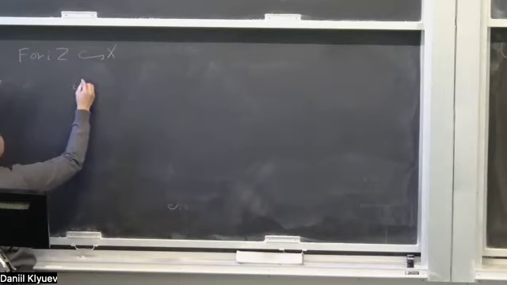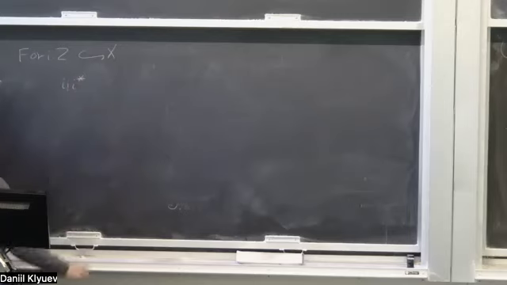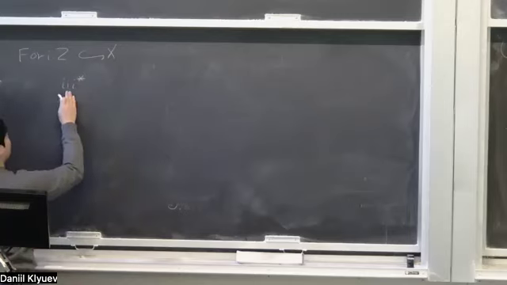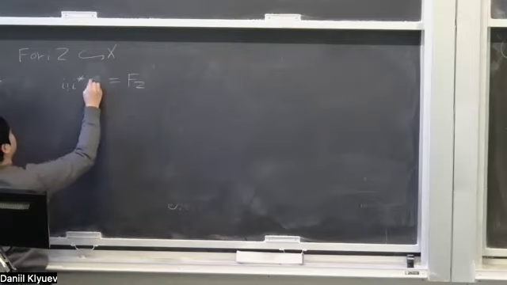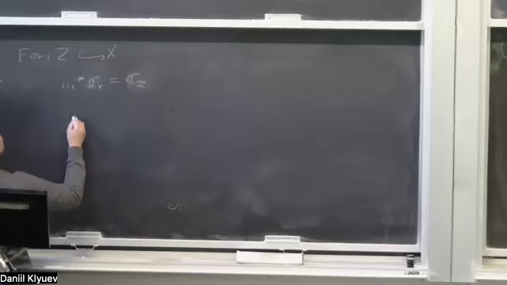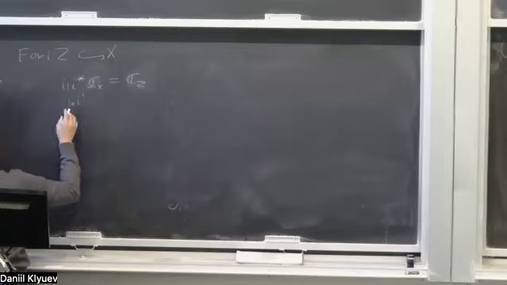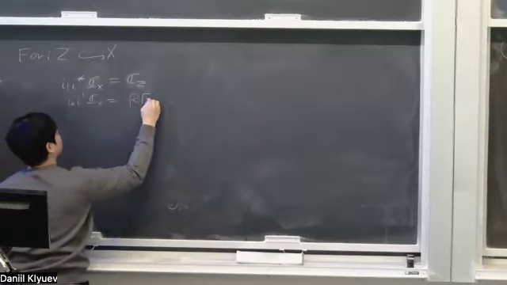We have i upper star, i lower star, i upper shriek, and i lower shriek. Then we'll get functors like this: i upper star, i lower shriek; i upper shriek, i lower star. Then we'll get a functor RΓ_Z.